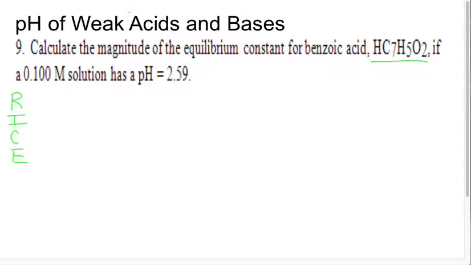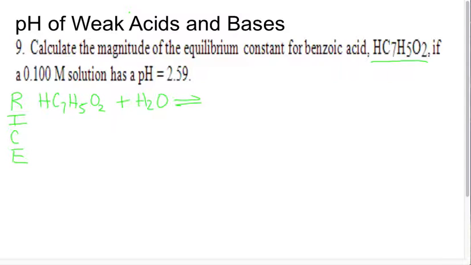So we're going to take our weak acid, HC7H5O2, and we're going to add it to water. Equilibrium. And now we do a Brønsted-Lowry acid-base reaction. These are super simple. Only one H is going to be transferred. Since the benzoic acid is an acid, that's going to be a proton donor.